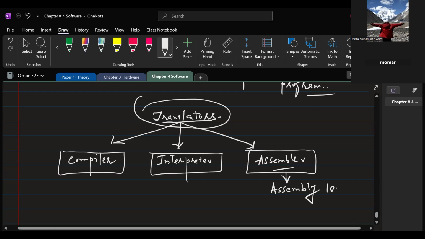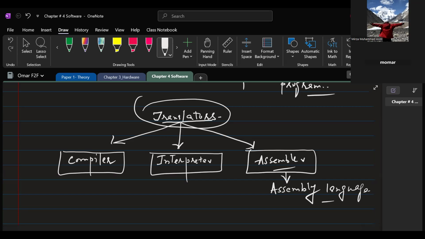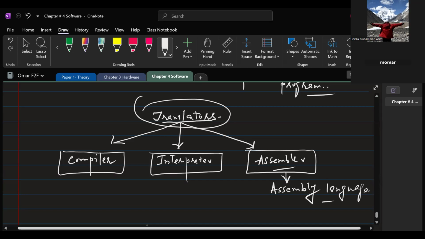Interpreter can be used in QBasic, GW Basic, etc., whereas compiler is used in Visual Basic, Java, etc., high level languages.